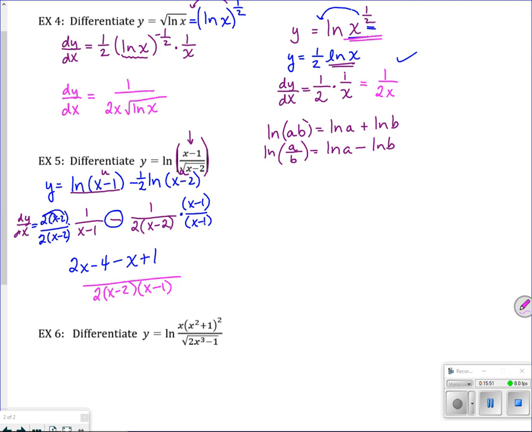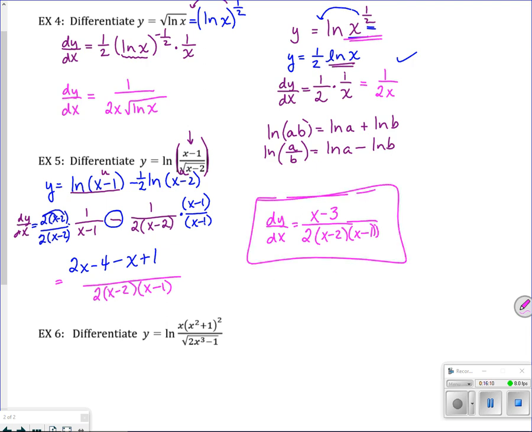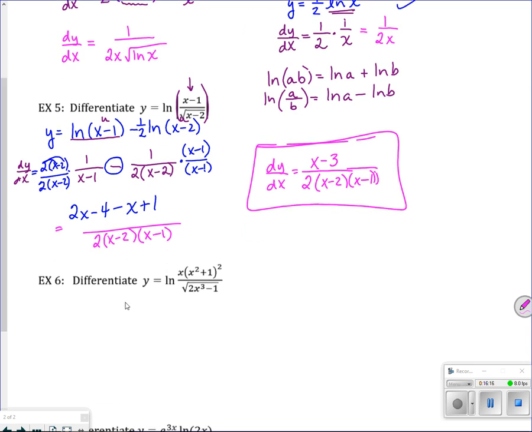My final answer, dy dx, is going to be x minus 3 over 2 times x minus 2 and x minus 1. Again, if they multiply out that denominator, you certainly could do that, but there you go. All right, why don't you try number 6 with this understanding?